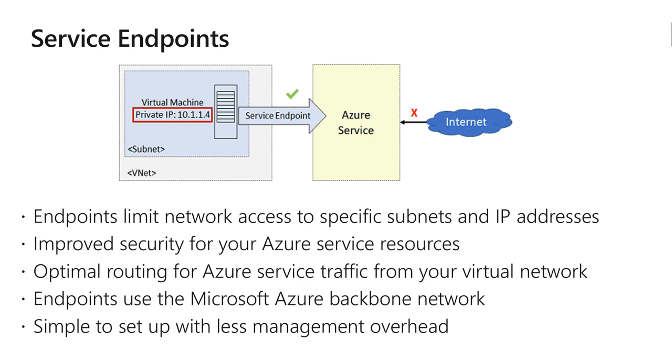Currently, Azure service traffic from a virtual network uses a public IP address as the source IP address. With service endpoints, service traffic switches to use the virtual network private IP address as the source IP address when accessing the Azure service from a virtual network.